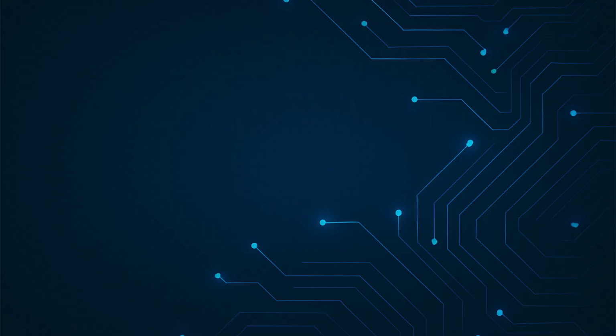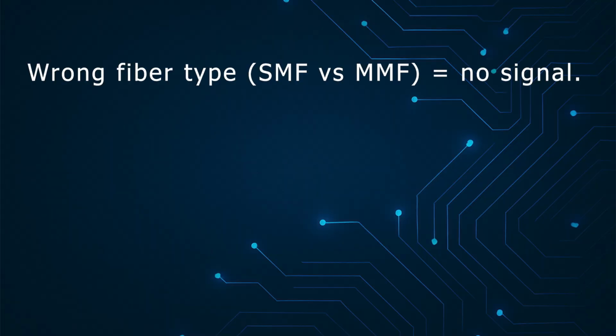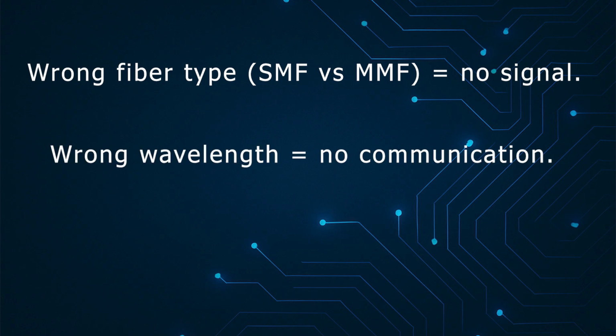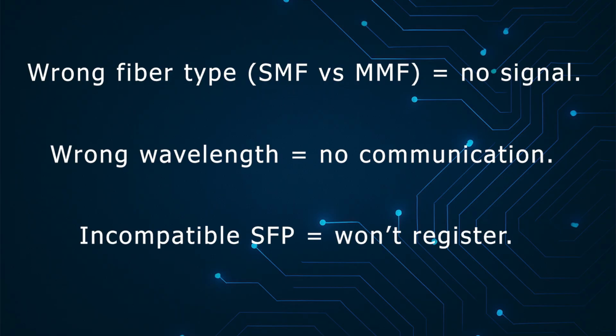Now for compatibility and speed, you want to make sure that you always match your transceiver type to the device and the cable. For example, wrong fiber types like single mode fiber and multi-mode fiber will equal no signal. Wrong wavelength equals no communication. Incompatible SFP won't register.